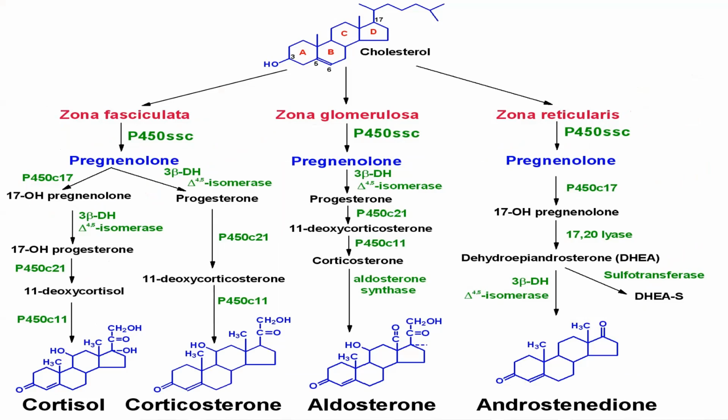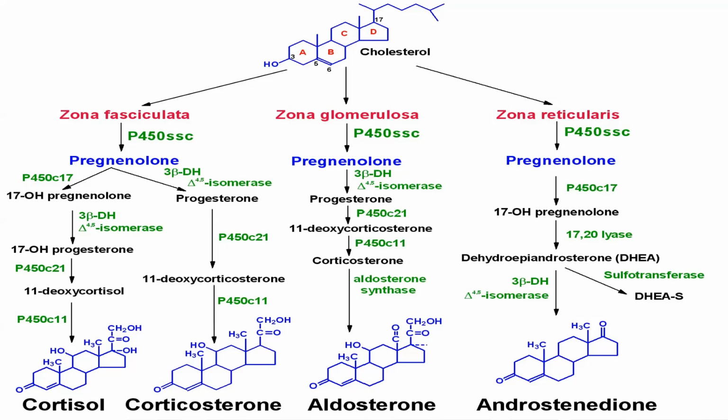Pero akala mo, pag G, gluco. It's F, no? The fasciculata is for the glucocorticoids, your cortisol and your corticosterone. And your zona glomerulosa is your aldosterone. Zona reticularis is your androstenedione. Now remember guys, ito naman yung focus ng mga pharmacy. Ang focus ng pharmacy, yung mga enzyme deficit.